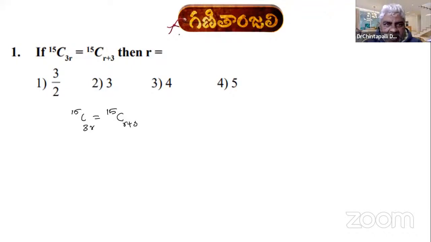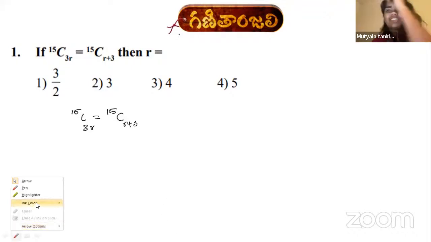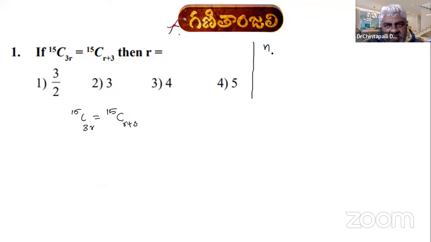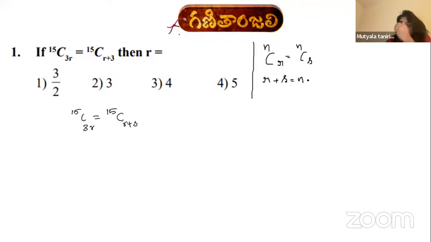Let me write this formula again here; then onwards you can do it easily. nCr is equal to nCs, which means either r plus s is equal to n or r is equal to s.